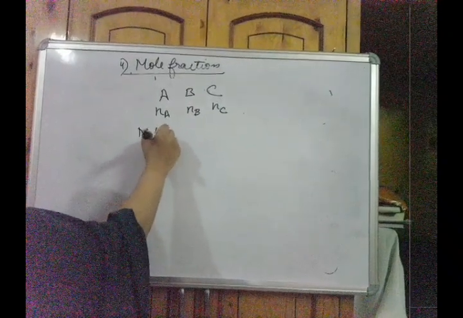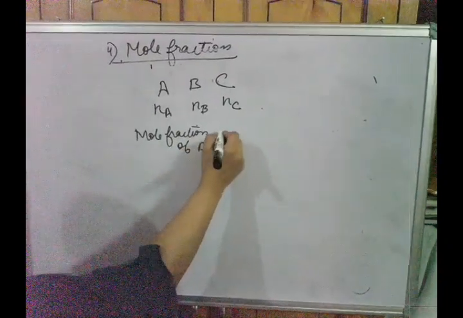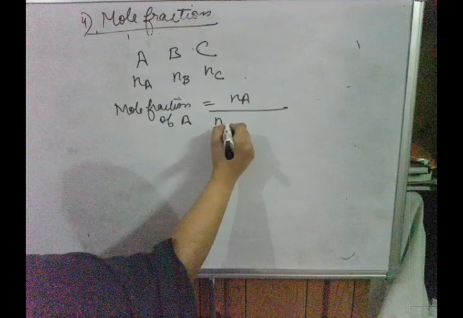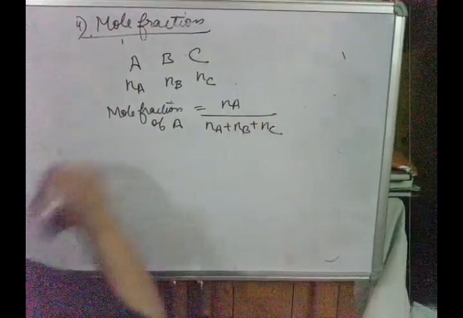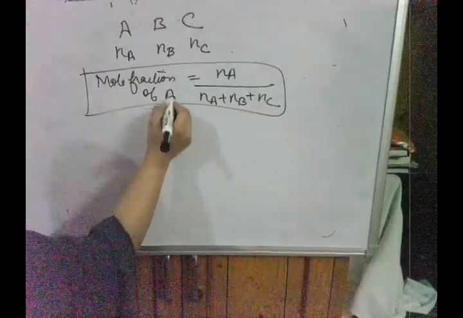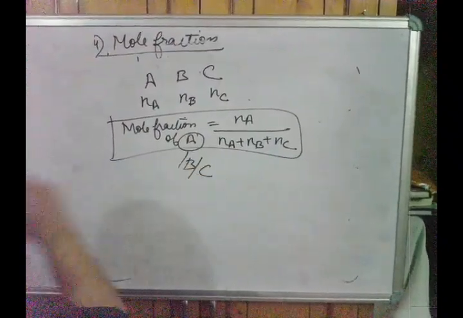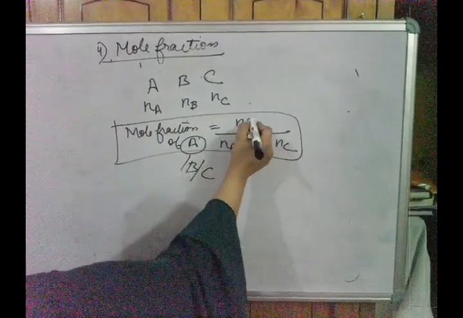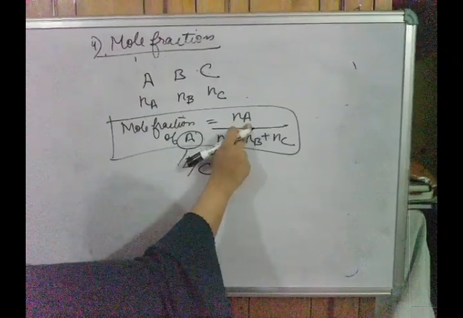If they now say to calculate mole fraction of A, you should know that it is number of moles of A by total number of moles, that is of Na, Nb and Nc. Either they can give you for A, either they can give you for B, either they can give you for C. If they give you for B, you only have to change this part, Nb. If they give you for C, Nc.